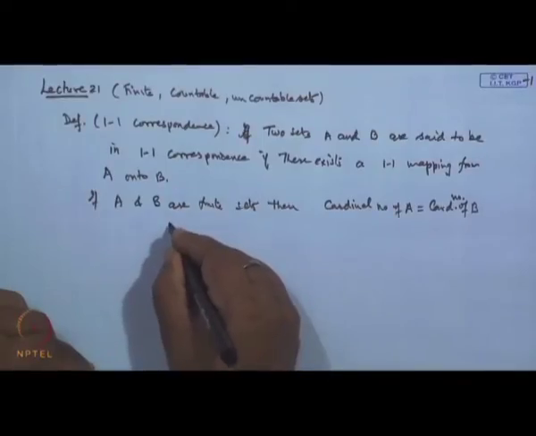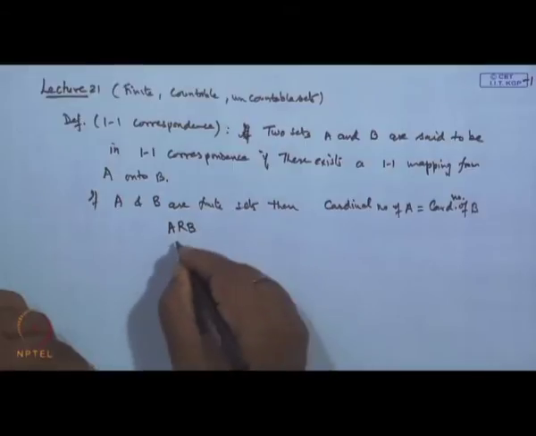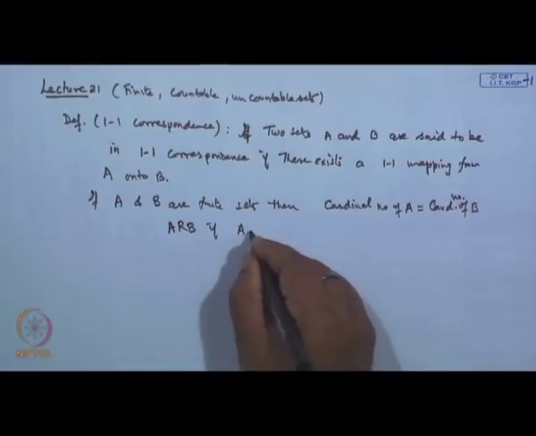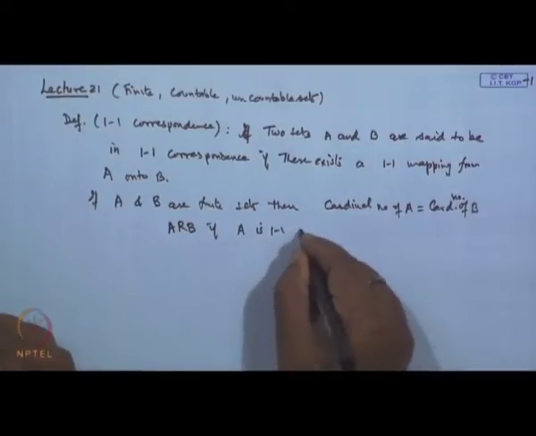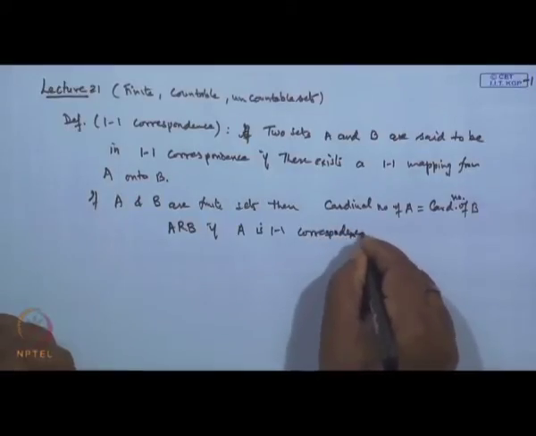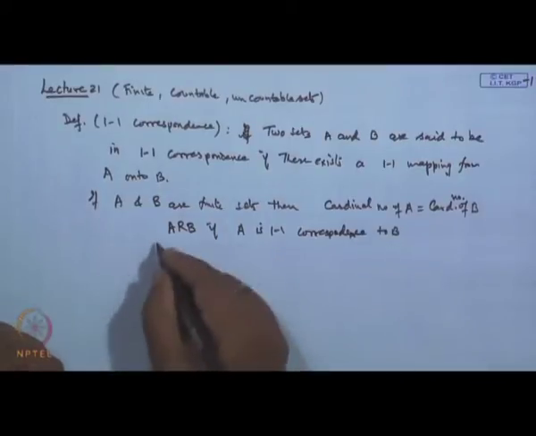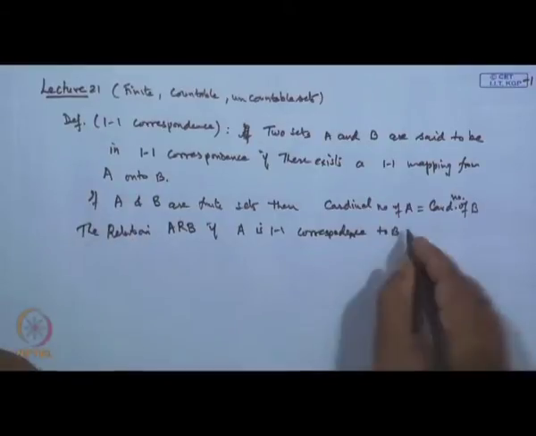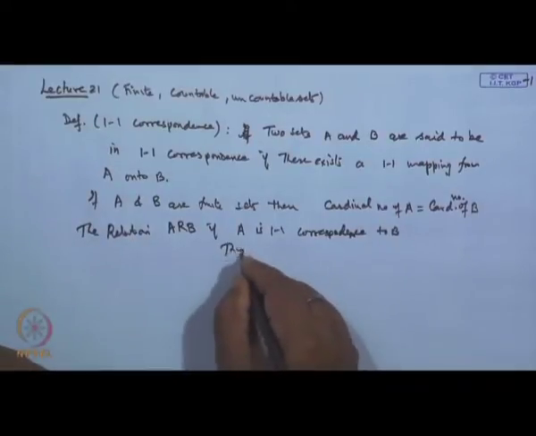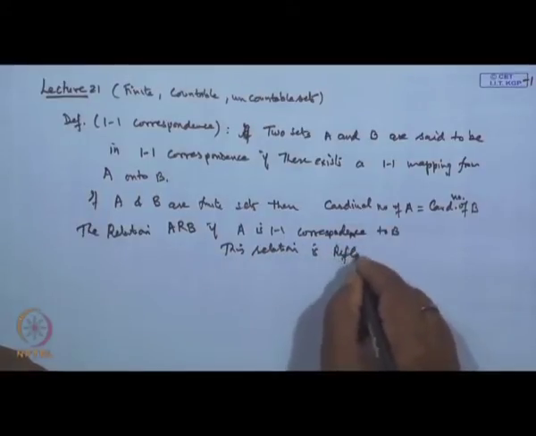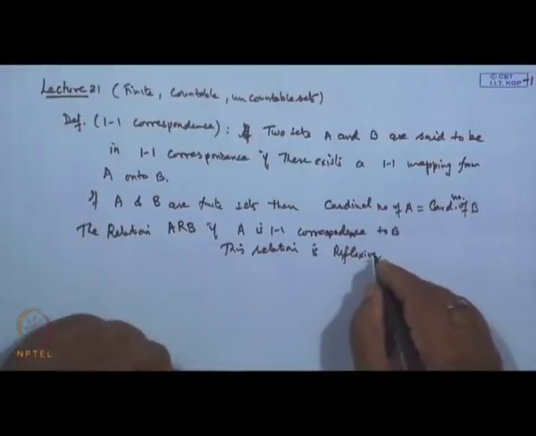And the relation which we get, if A is in one-to-one correspondence to B, then this relation is obviously reflexive, symmetric and transitive.